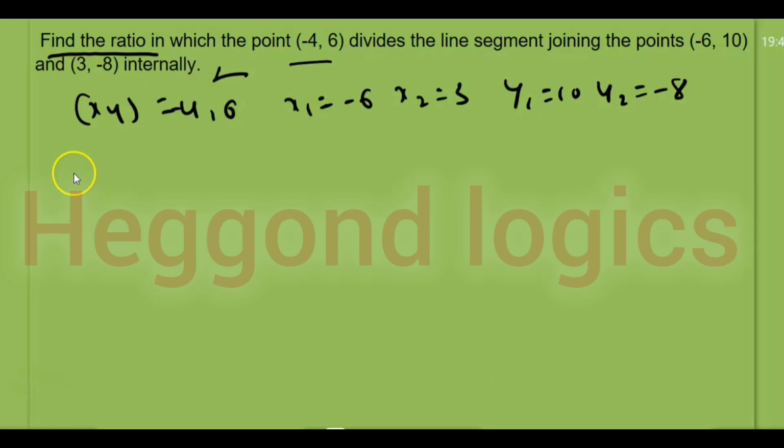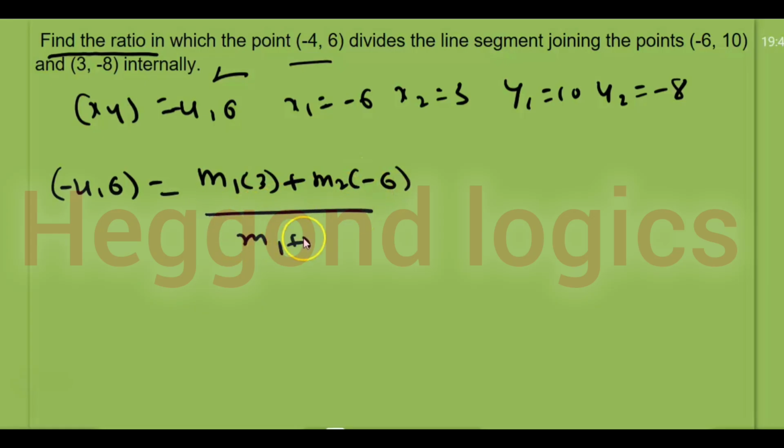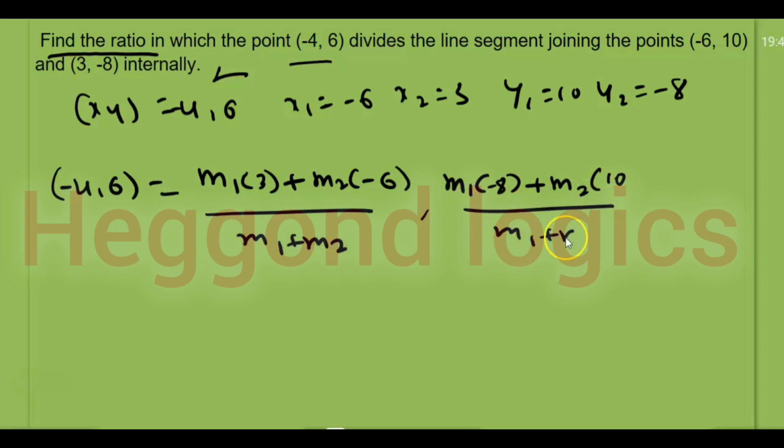According to the formula, (x, y) means (minus 4, 6). Minus 4, 6 is equal to m1 write as it is, and x2 value is 3 into 3, plus m2 write as it is, and x1 is minus 6, divided by m1 plus m2. And comma, m1 write as it is and y2 is minus 8, plus m2 write as it is and y1 is 10, divided by m1 plus m2.